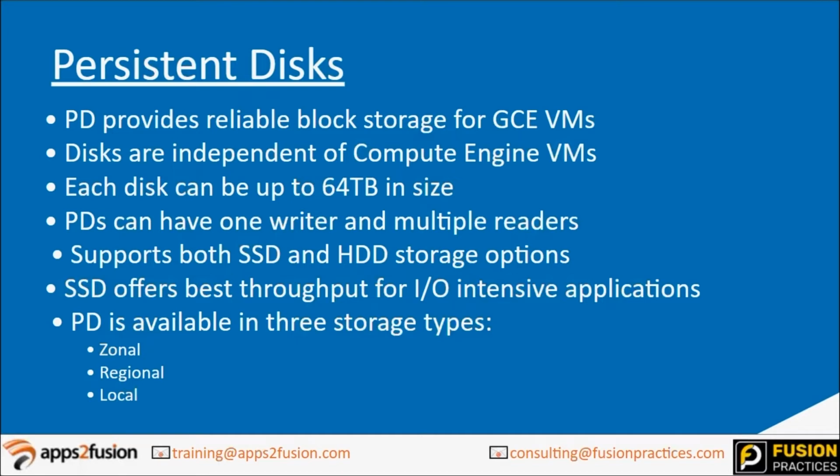Supports both SSD and HDD storage options. I think you are already aware of what SSD and HDD are. SSD offers the best throughput for IO intensive applications. PD is available in three storage types: zonal, regional, and local. You can attach persistent disks for zonal, regional, and local.